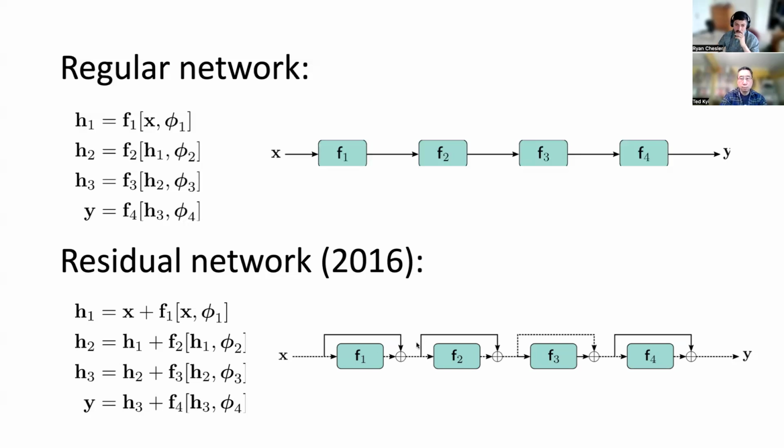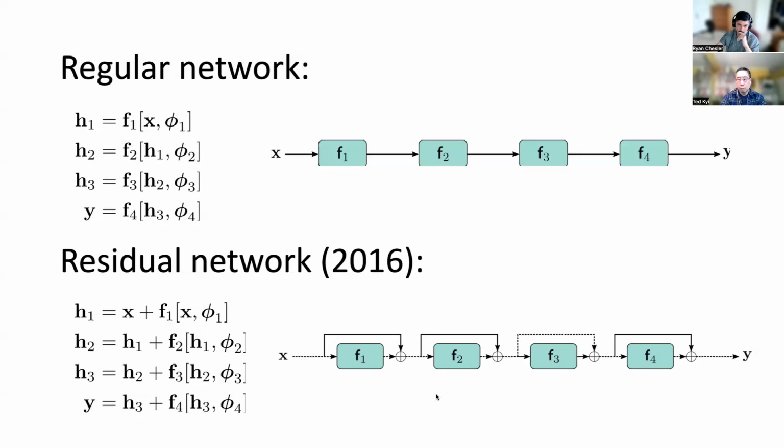And then what that allows us to do is maintain the information that we initially had and add some additional learned representation on top of it. And so this allows the gradient to pass through much more quickly, and we pass the identity through.